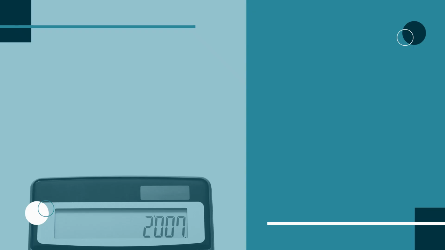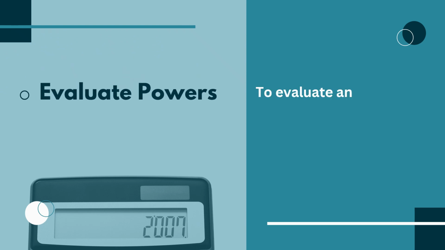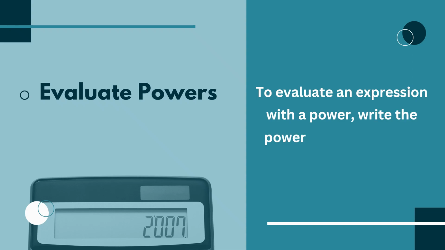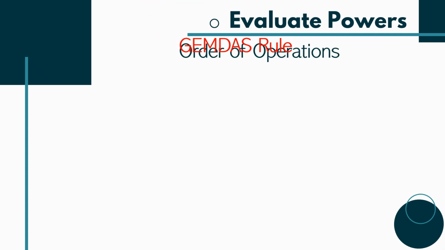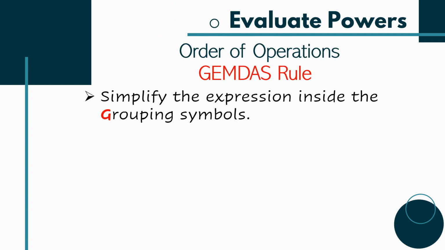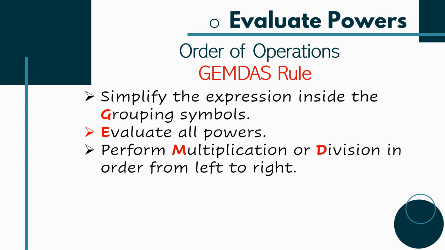Next, we're going to discuss how to evaluate powers. To evaluate an expression with a power, write the power as a product and then multiply. To evaluate the powers, we're going to use the order of operations. So, simplify the expression inside the grouping symbols. Evaluate all powers. Perform multiplication or division in order from left to right.